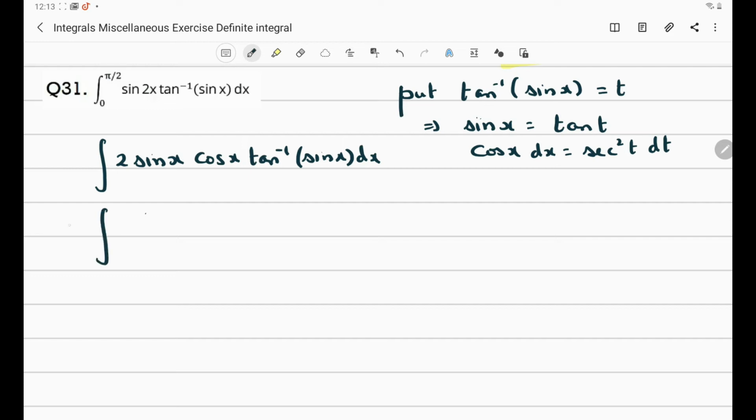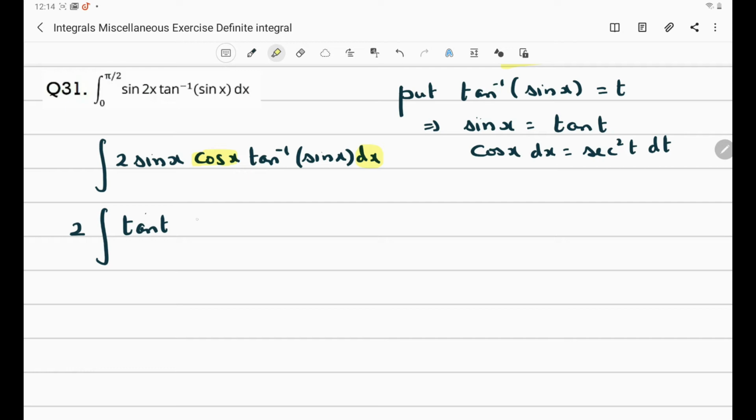So 2 is a constant, so we can write it out of the integral. Sin x is same as tan t, then cos x and dx can be written as secant square t dt, and tan inverse of sin x can be written as t.